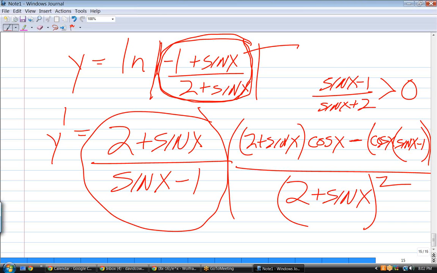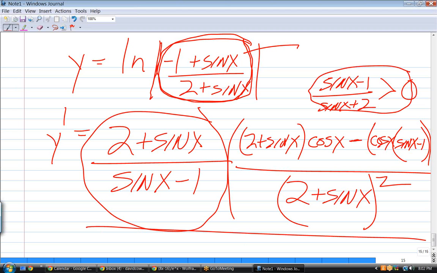This is like a piecewise function. The derivative is what I have here, but only when this part is greater than 0.